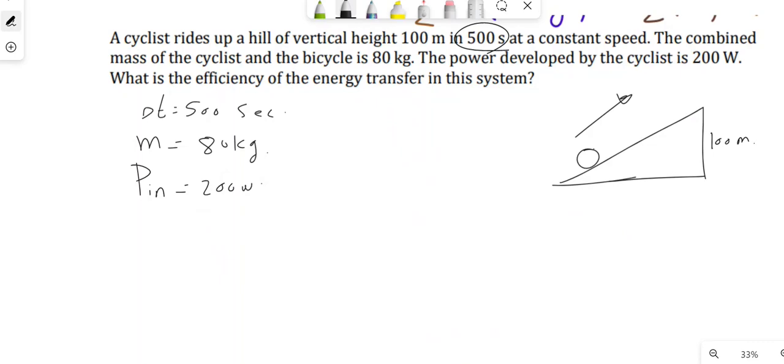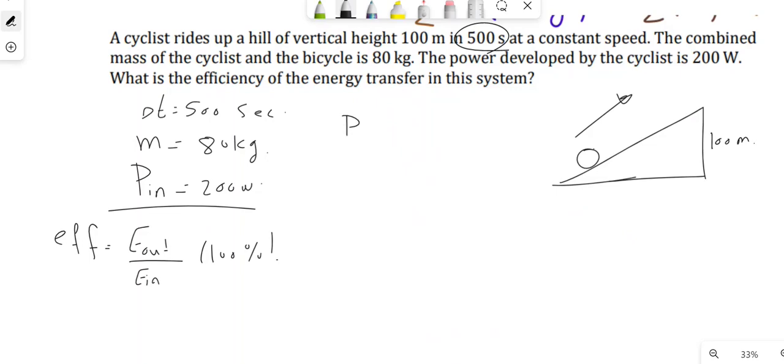Now, to calculate the efficiency, it is power out over power in, or work out over work in, or energy out over energy in, times 100%. Since I have power, I know power is energy over time.